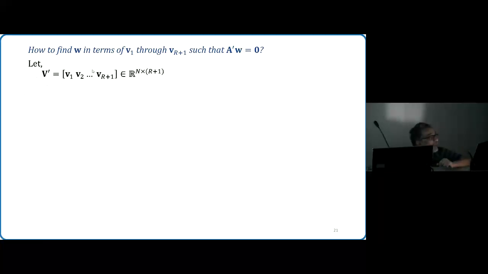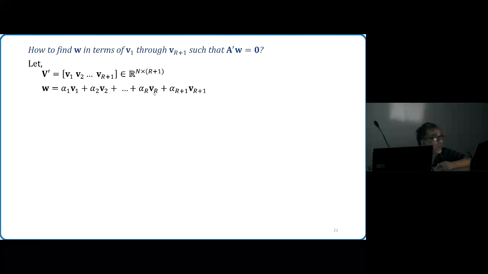So let's take the columns V1 through VR plus 1 and form this V prime. Each V is an n-dimensional vector, so this is n by R plus 1 dimensions, V prime.